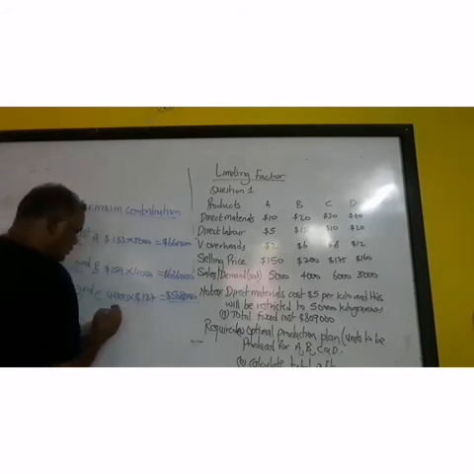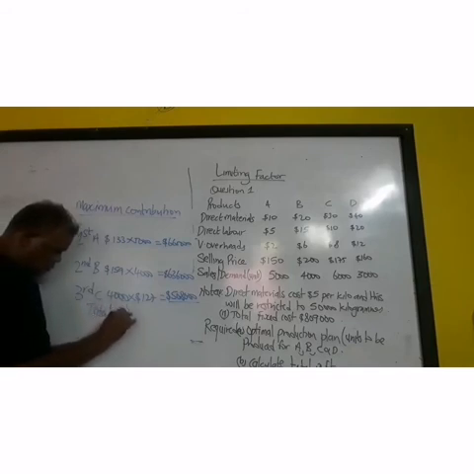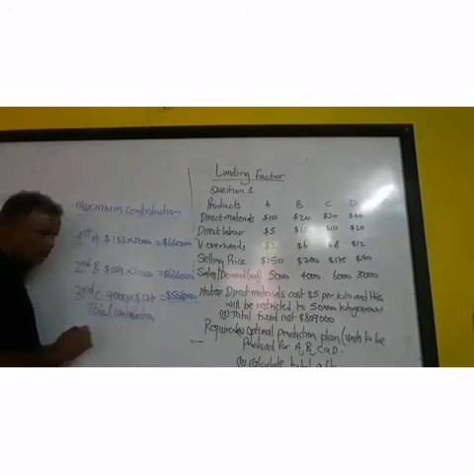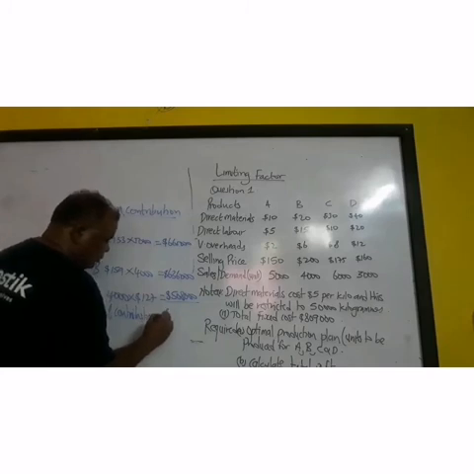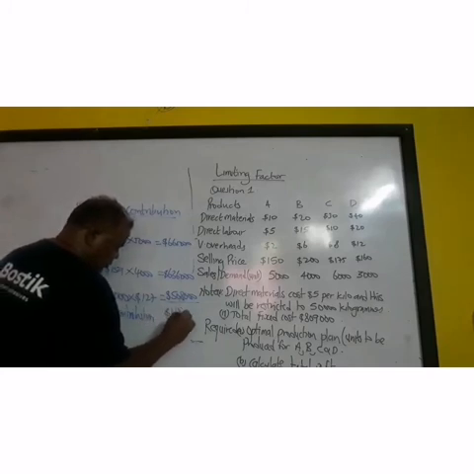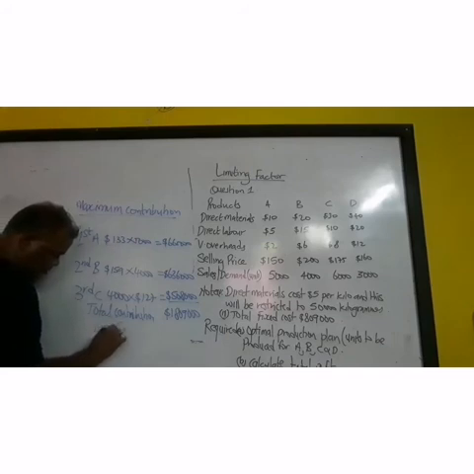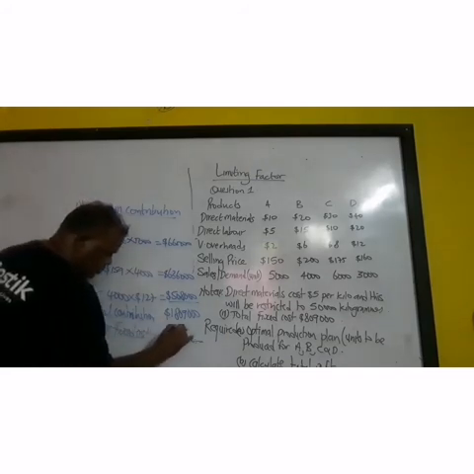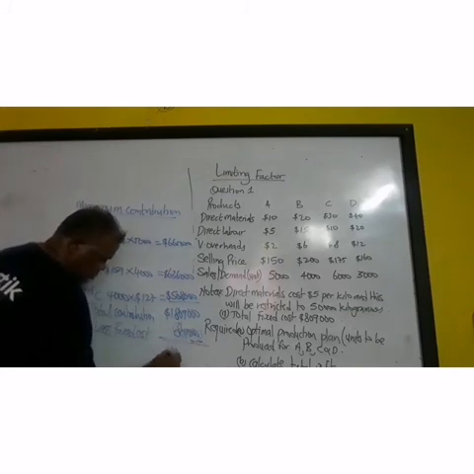Then we get total contribution. This will give us a total of 1,809,000. Less fixed cost 809,000. That gives us 1 million.